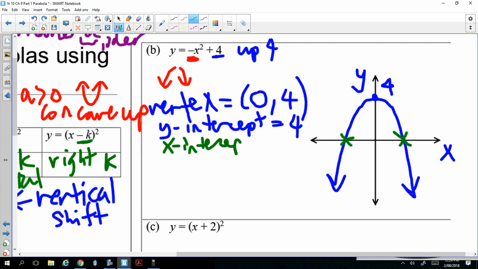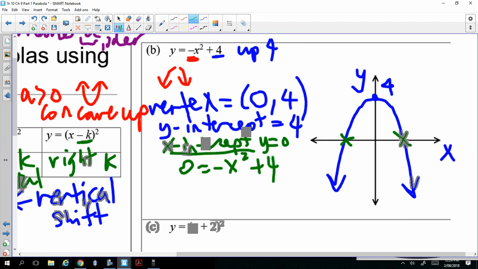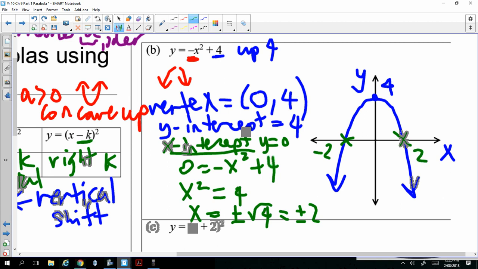Now how do you solve this? Move the x squared to the left side, and you square root. But make sure you put plus or minus. So it's 2 and negative 2. Get it? You should know how to show the x-intercept on the graph. Okay, there's one more. Have a try, see how you go.